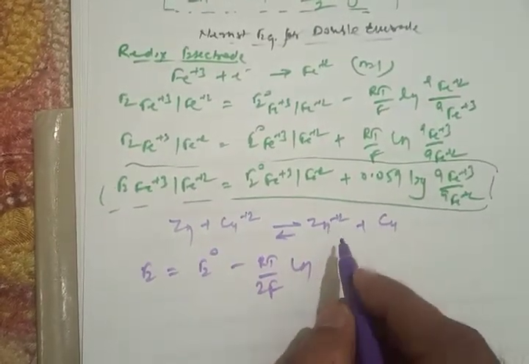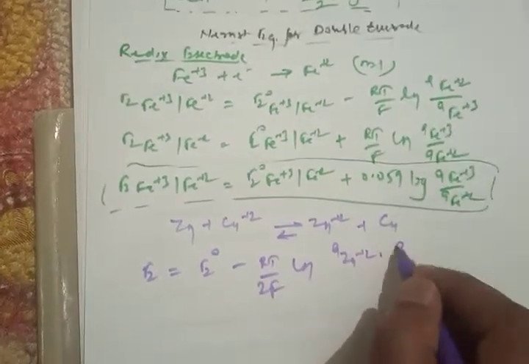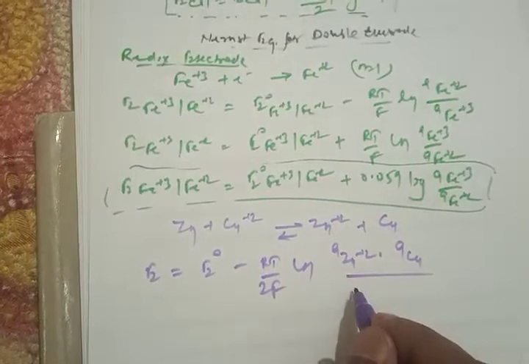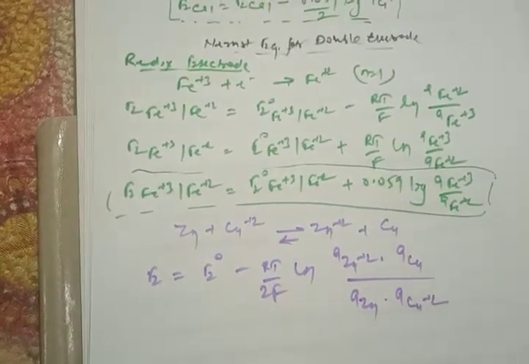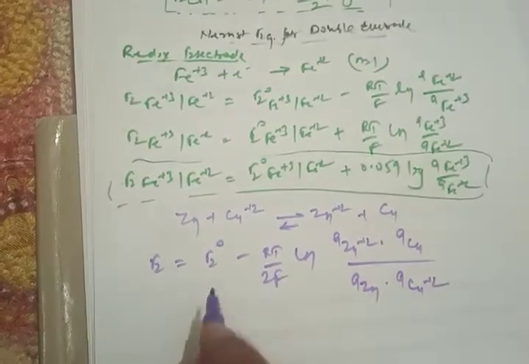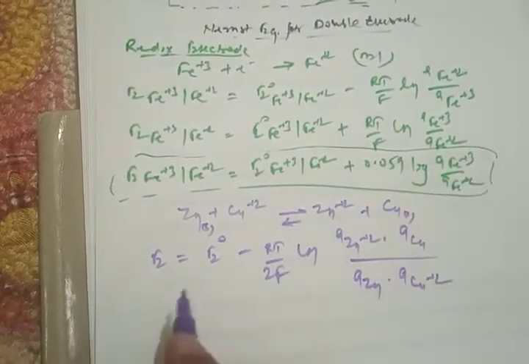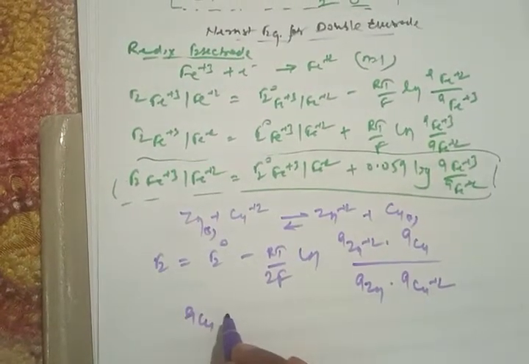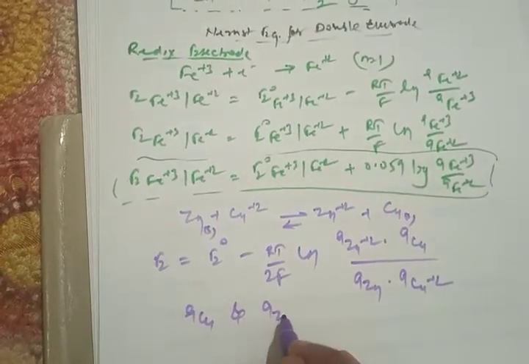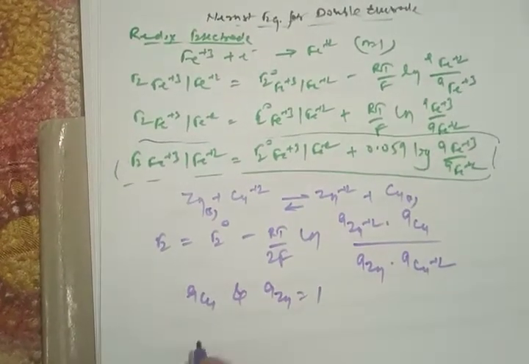Now let's write how we will write it. A Zn+2 ACu upon A Zn and ACu+2. So this is the solid, this is the solid, and a pure solid is always unity. So ACu and AZn is what? 1, as they are pure solids.